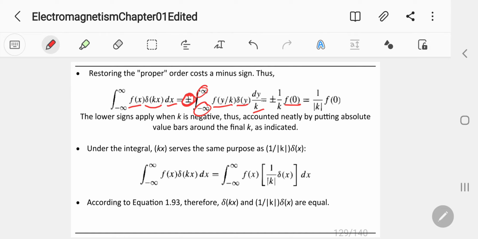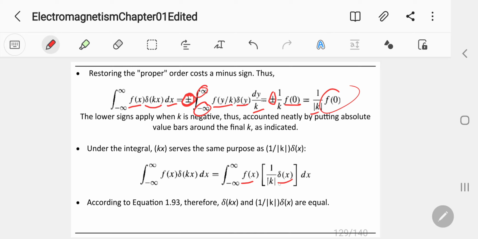So this one, the integral of this, as we have mentioned in the previous slides, is just equal to f of 0. But of course you have a factor here of 1 over k, and in order to get rid of the ambiguity of positive negative, we can put the absolute value sign for k such that we have everything positive. So this one is also equal to this.